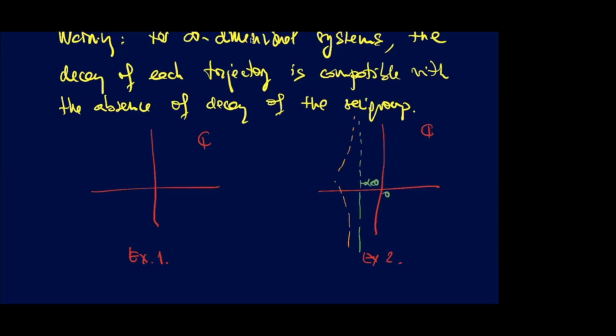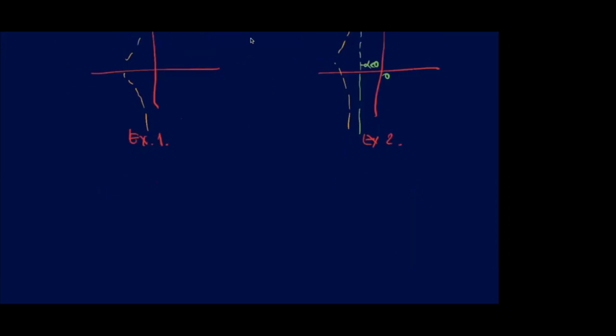And in the first example, I consider the semigroup where the real part of lambda k goes to 0 as k goes to infinity, while in the second case, the real part of lambda k is always less than minus alpha, less than 0, for all k.